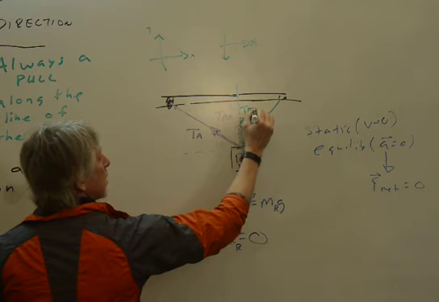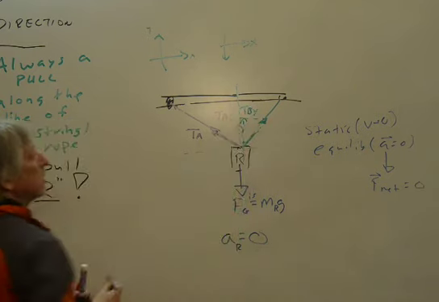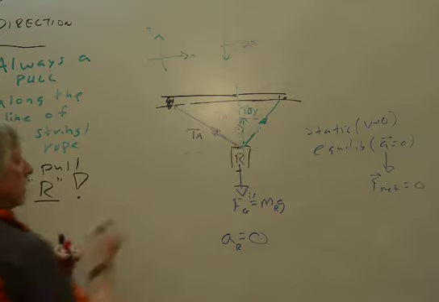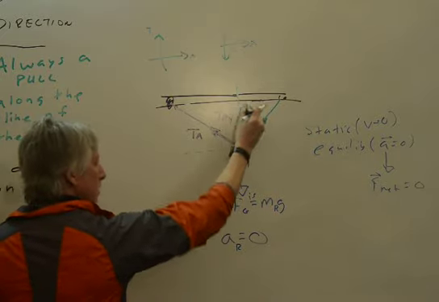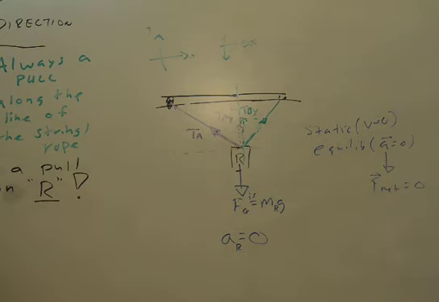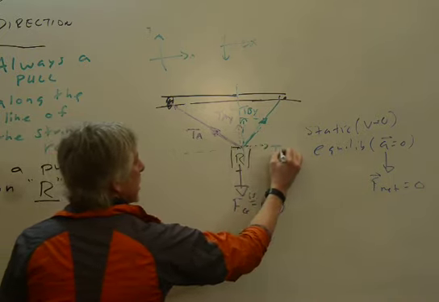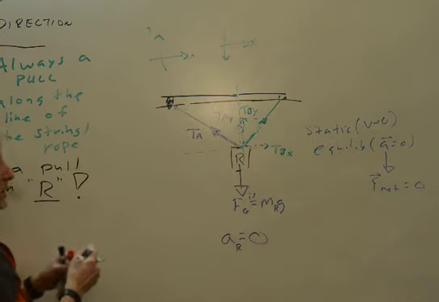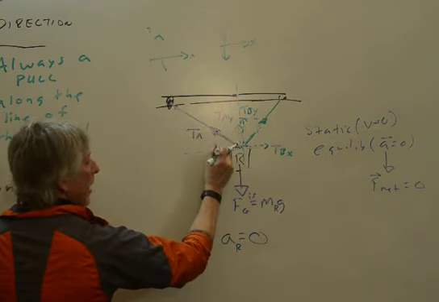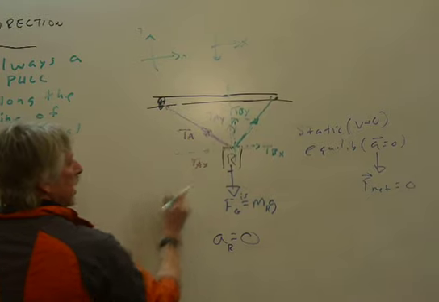B, oops, I said X, didn't I? You guys caught that. TBY, TAY, the Y components balance. I guess I could call vertical X. And now in this case, I've got TBX, and that's got to be the same length or balance as TAX.